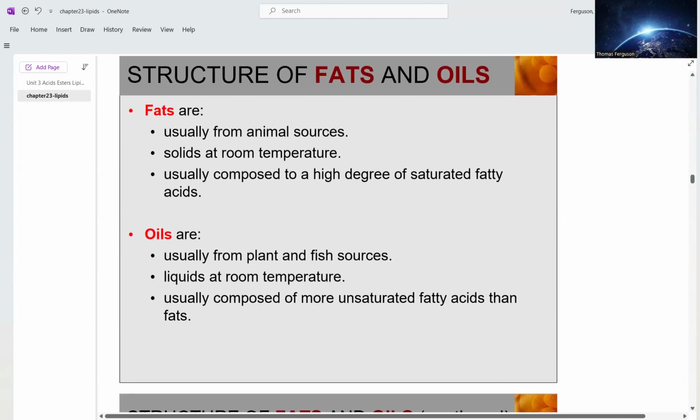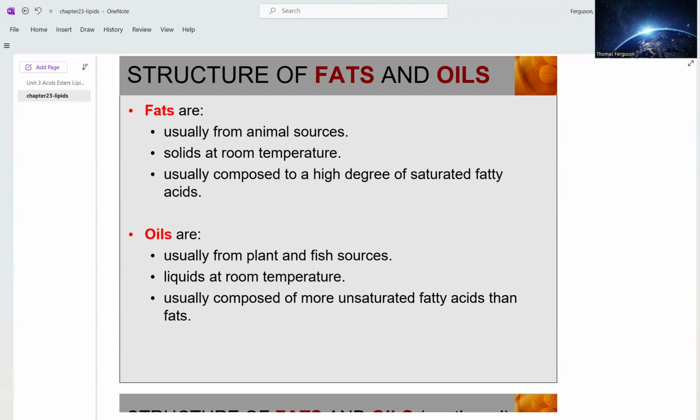Now, you've heard of fats, you've heard of oils. Fats are usually solid at room temperature. Oils are liquid at room temperature. Fats are usually saturated. Oils are usually unsaturated, just in general.